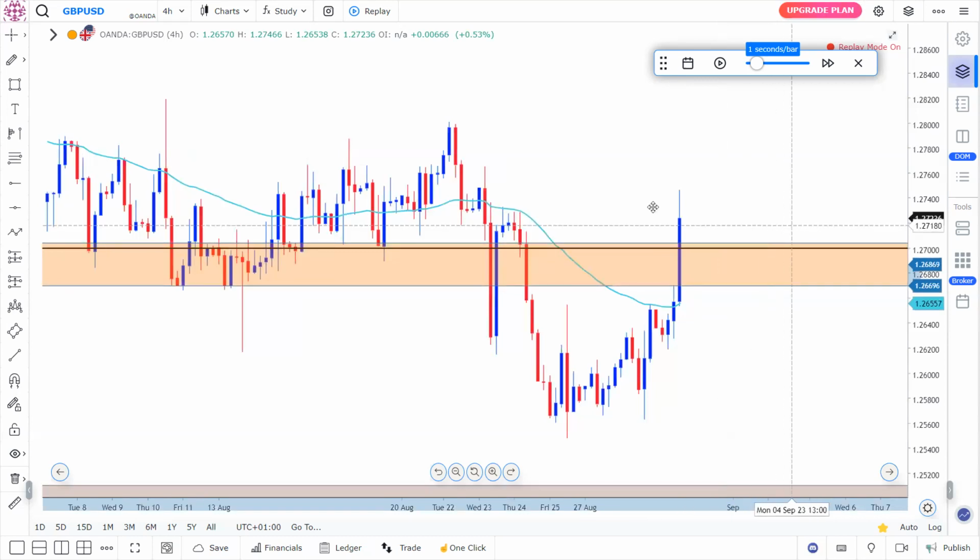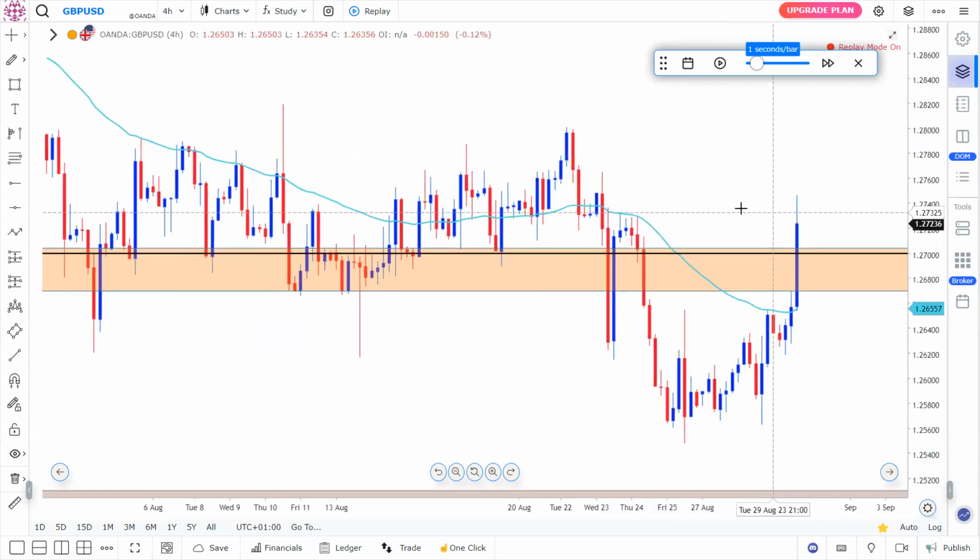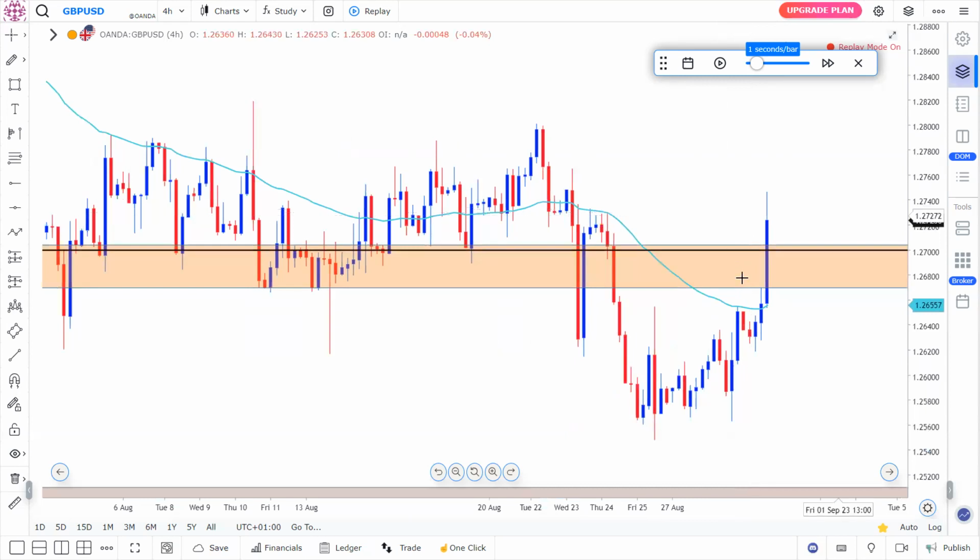And this is where the majority of folks would tend to think, oh, the trade seems no longer valid for selling anymore.